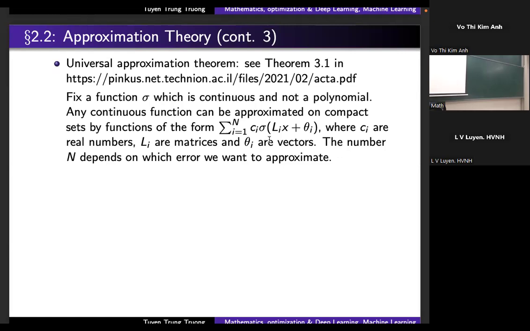So it says that you can approximate any function by a combination of a kind of neural network with maybe 1 or 2 layers, depending on how you count it. Yeah, so this is the theorem.